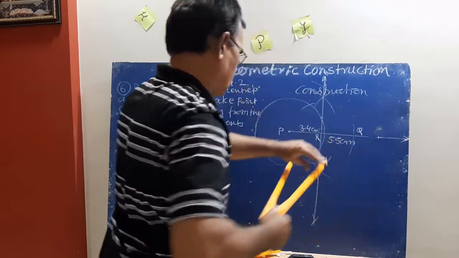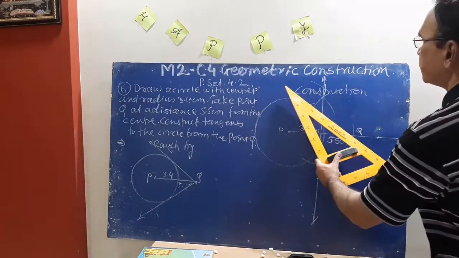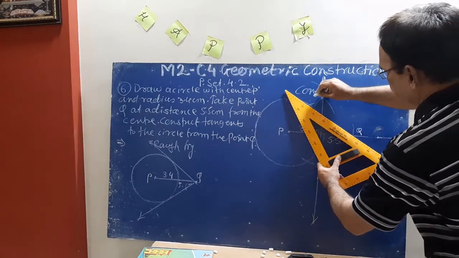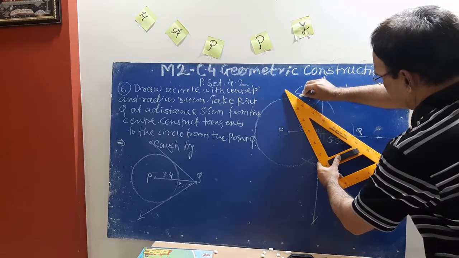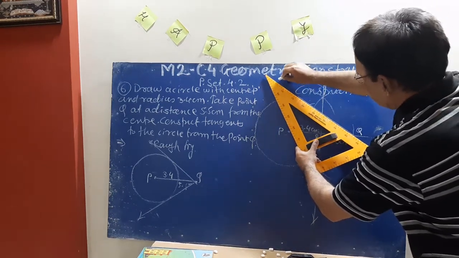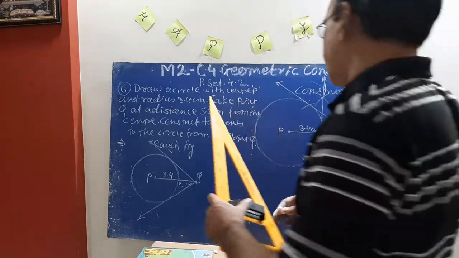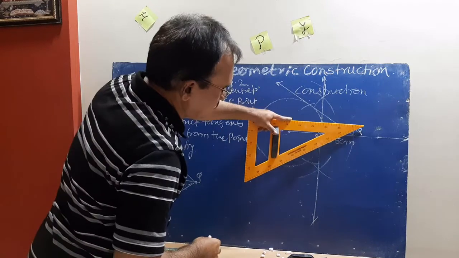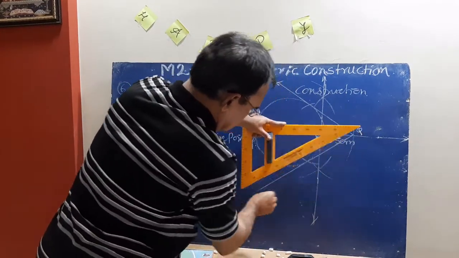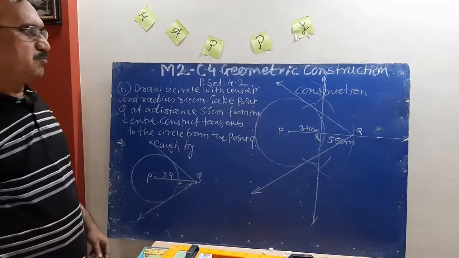Then if you join these 2 points, this is a tangent. Now join the other 2 points. These are the tangents which are passing through point Q.